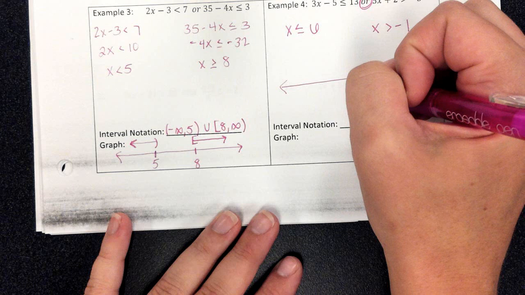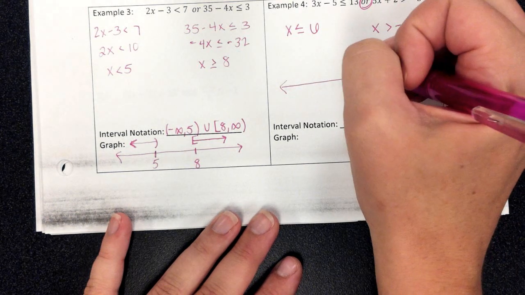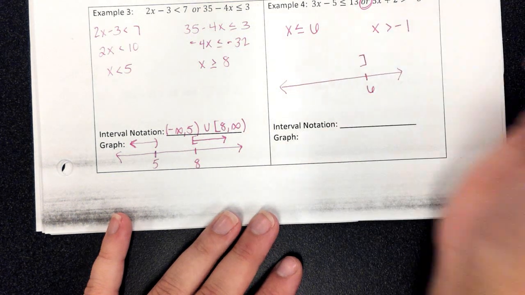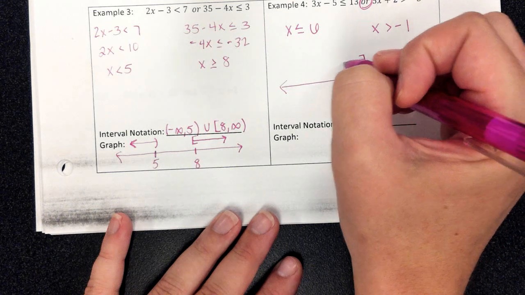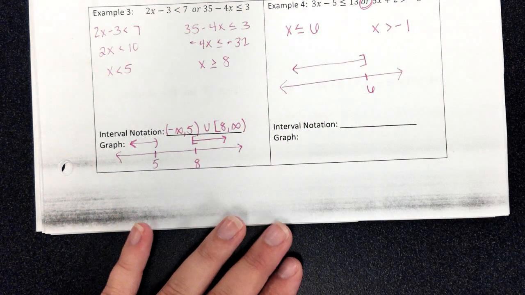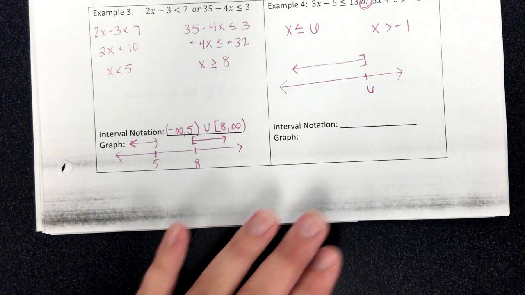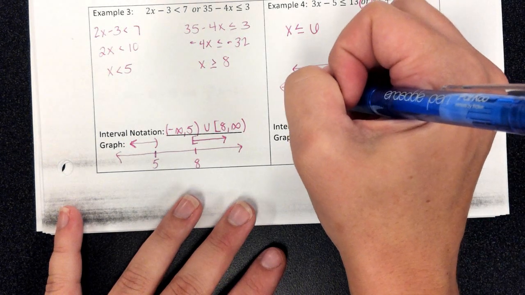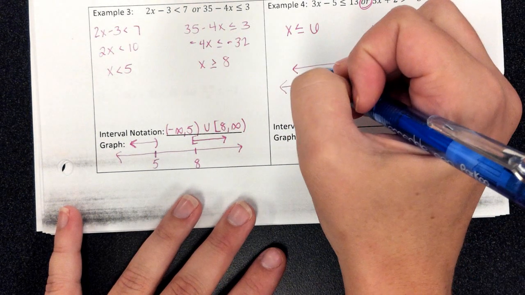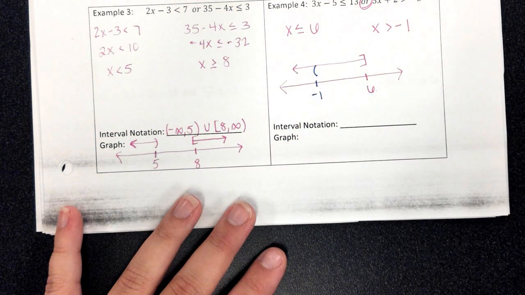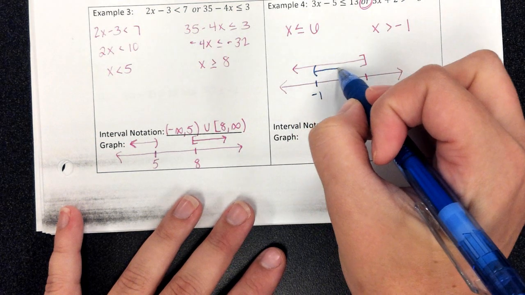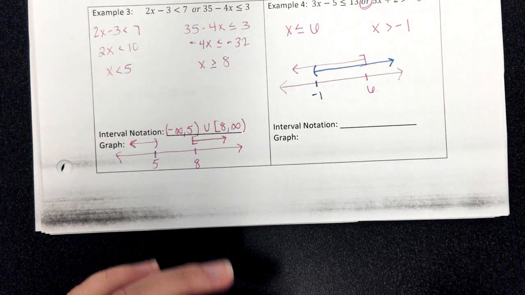So here's my 6. I will have a bracket, and because it's less than, it'll go to the left. My -1 will have a parenthesis, and it will go all the way to the right.